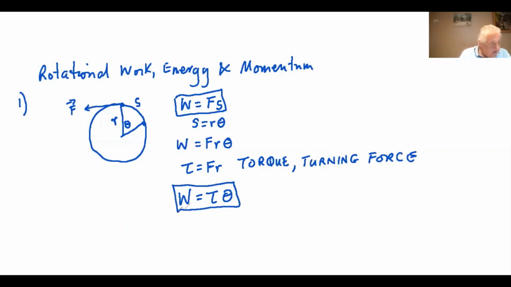The next thing is to define the moment of inertia. So let me clear this. I have another screen up so I can remind myself of my notes. Number 2, moment of inertia.